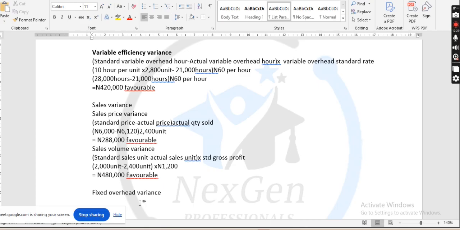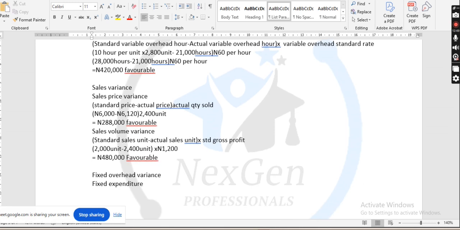Now, fixed overhead variance is divided into two, right? The fixed expenditure variance.